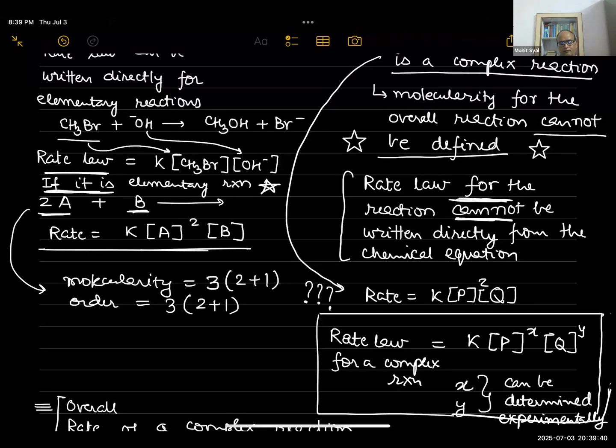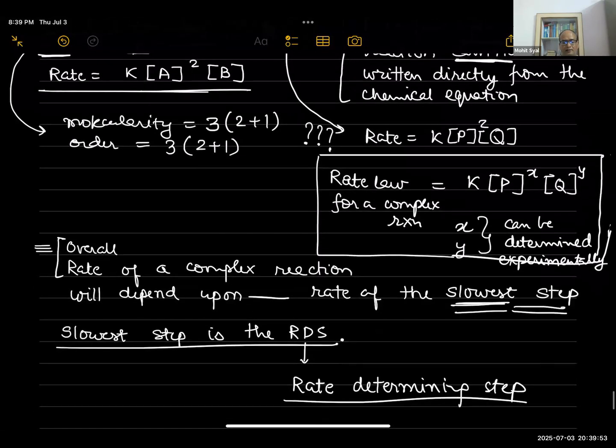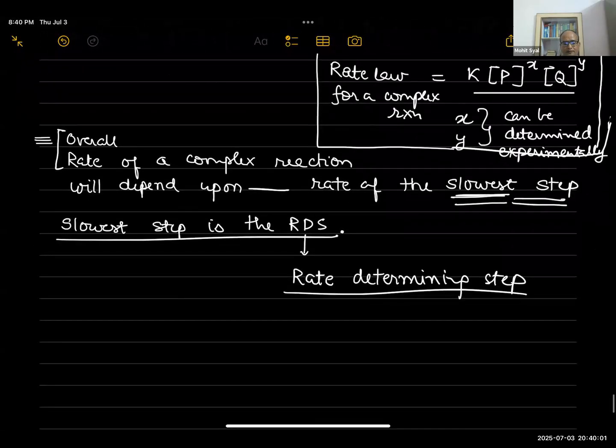Clear? But in this case, you cannot predict. You need to figure it out experimentally. Okay. So I hope this is clear to all of you.